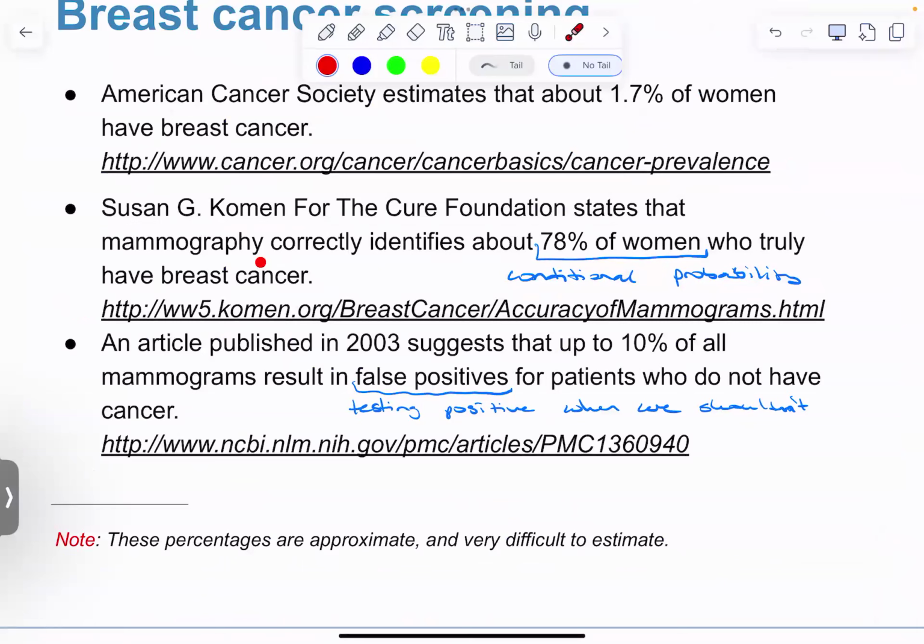Correctly identifies, let's think about what that means. About 78% of women who truly have breast cancer. So knowing that they went down the cancer branch, the probability of being correctly identified is 0.78. Correctly identified in this case, knowing that they have cancer, should be a positive test, right?